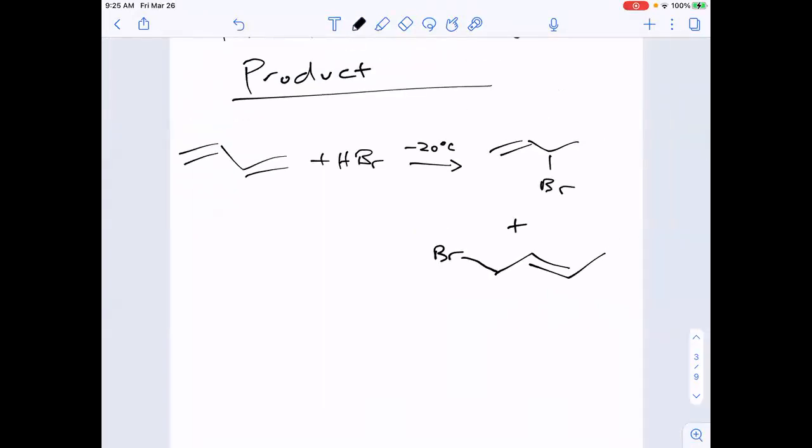This product, let's say we get it at 80%, and then we form the 1,4 product at 20%. So this is at low temperature.